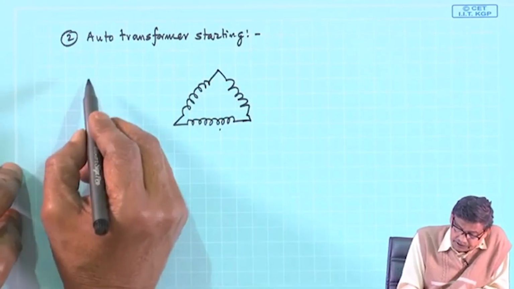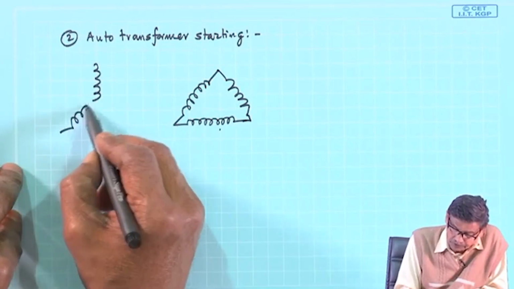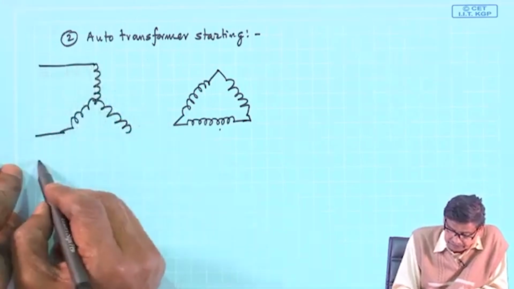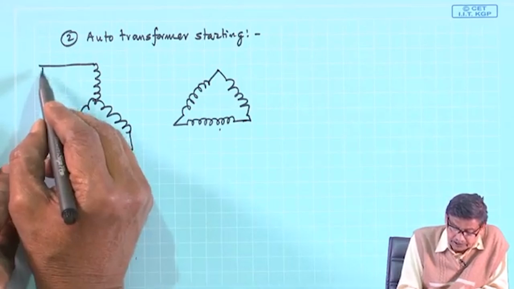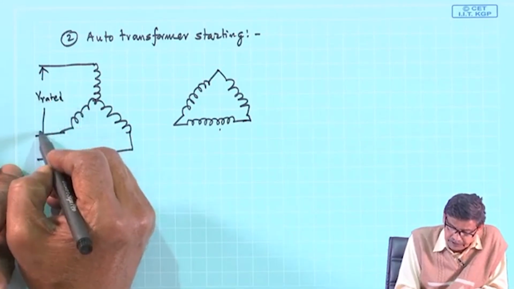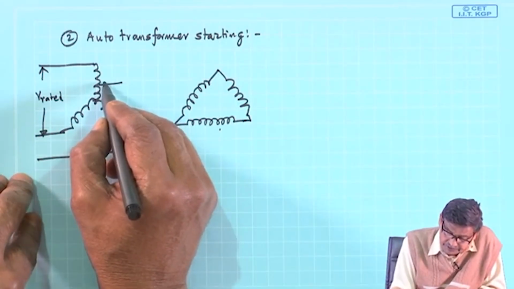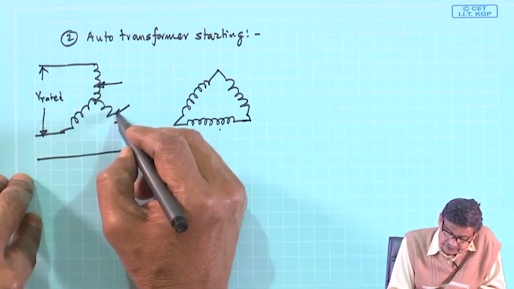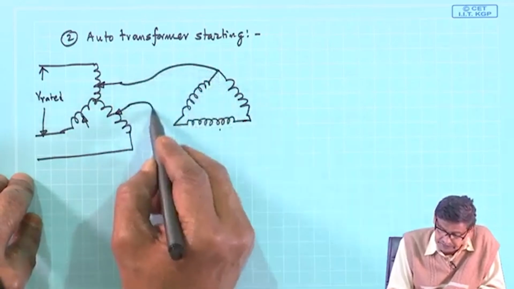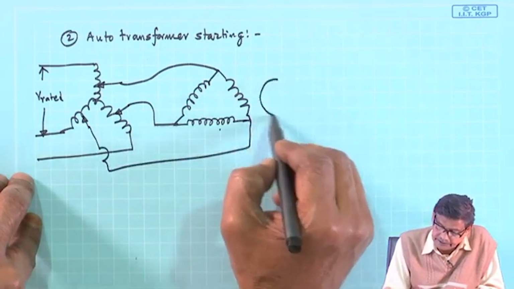What you do, you connect a 3-phase auto transformer, and here is your rated voltage. This is your supply bus, V rated line to line. Understood? You take some from a fixed tapping here, here and here, you connect it to the machine, and here is the rotor of the machine.